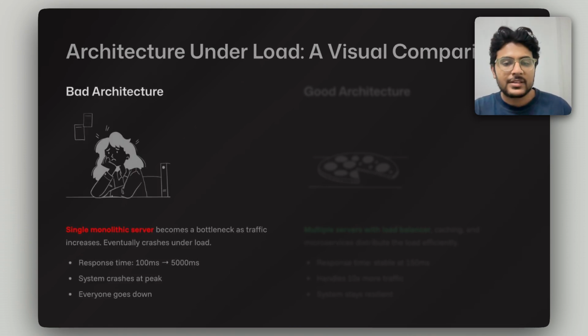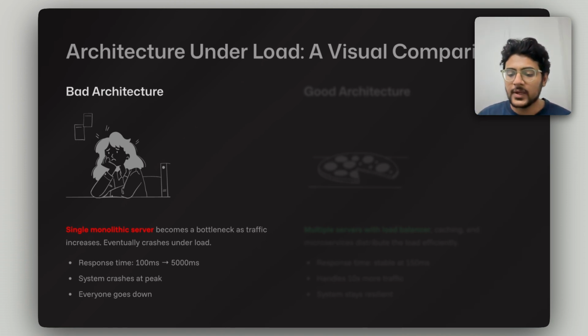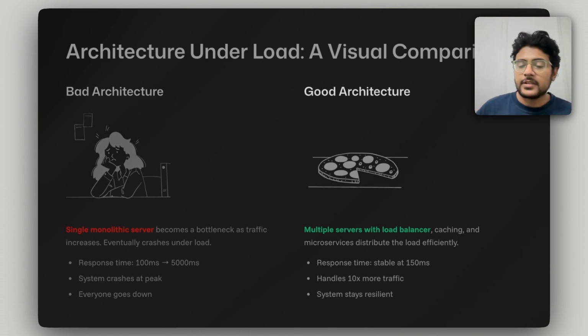It's pretty straightforward. By now, you should be able to understand what a bad architecture is. A bad architecture becomes a bottleneck as traffic increases. We can't predict the response time to the user, and it usually crashes when there is a peak of traffic. A good architecture has some sort of fallback mechanism.